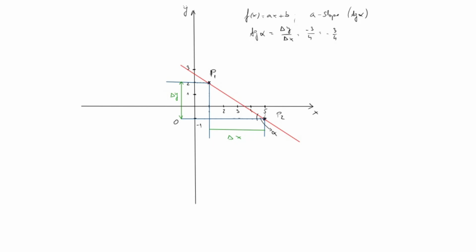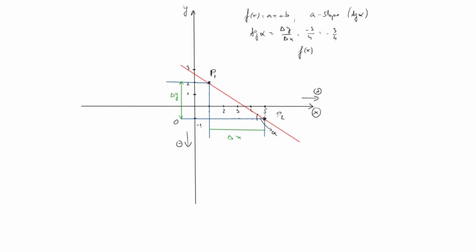So this means that the function is a decreasing function, so as x is increasing, y is decreasing. So this is what it means, the fact that the tangent is negative, or the slope is negative. Okay, so this part was simple.